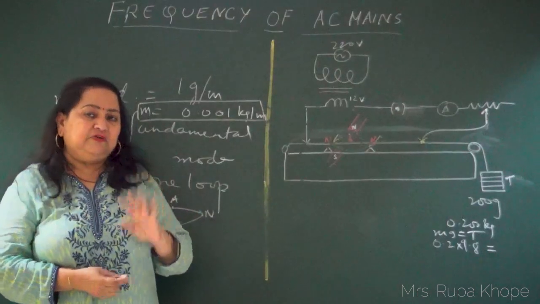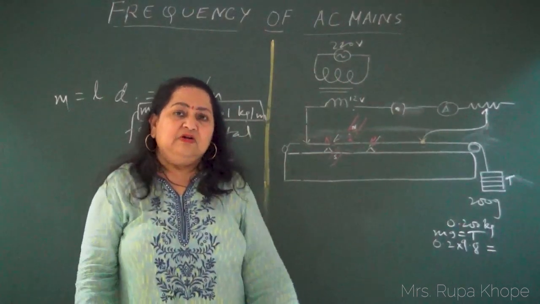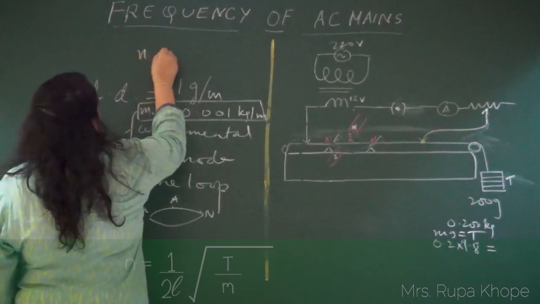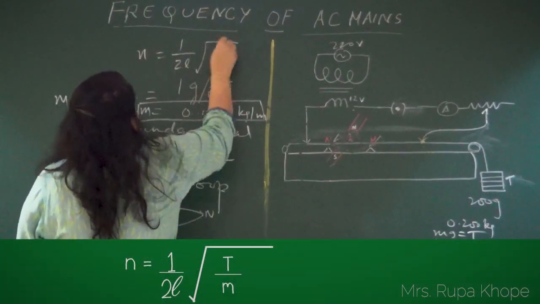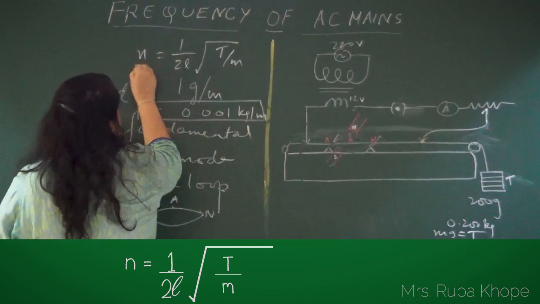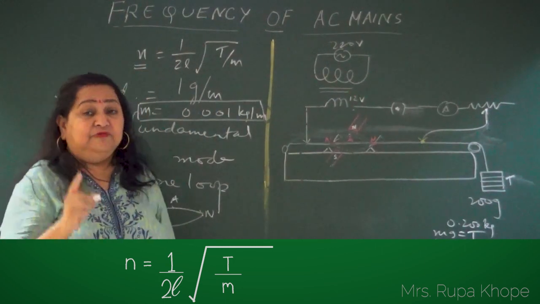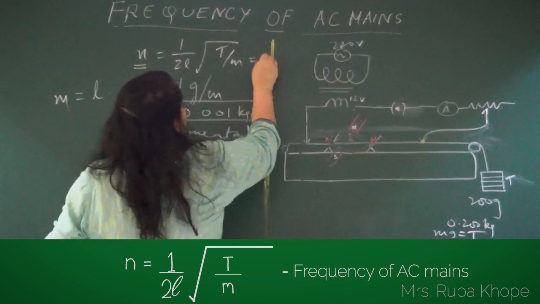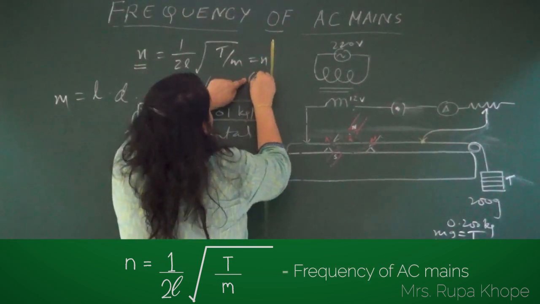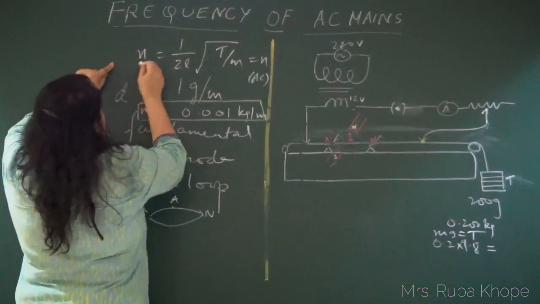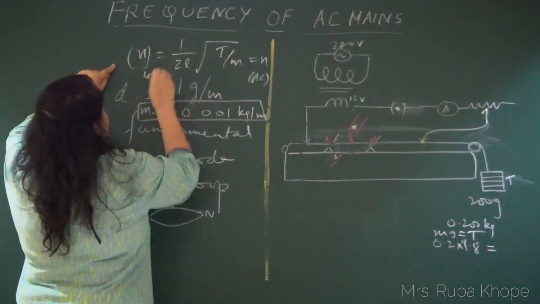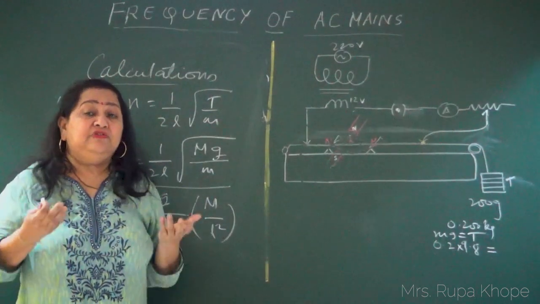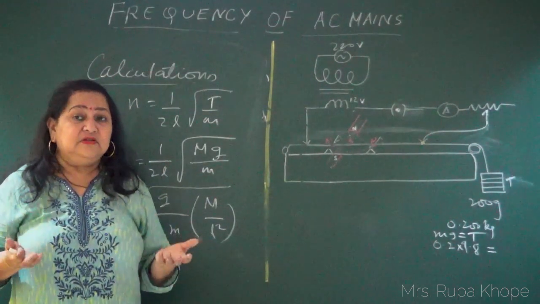After taking 4 readings of tension, we are going to find out the frequency of AC by using a formula. n is equal to 1 by 2L root T by m. Remember, this n is the frequency of the wire, which is equal to the frequency of AC. Now let's do the calculations. We need to find out the frequency of AC. What is resonance?